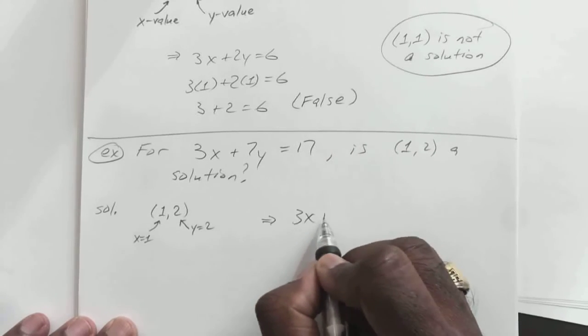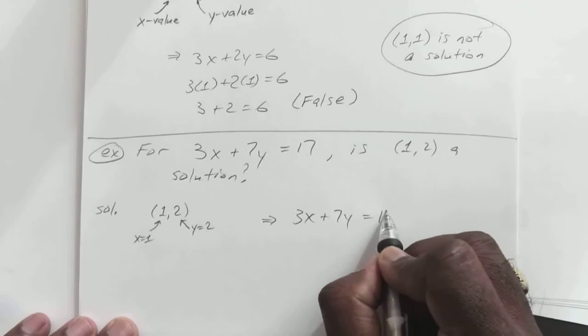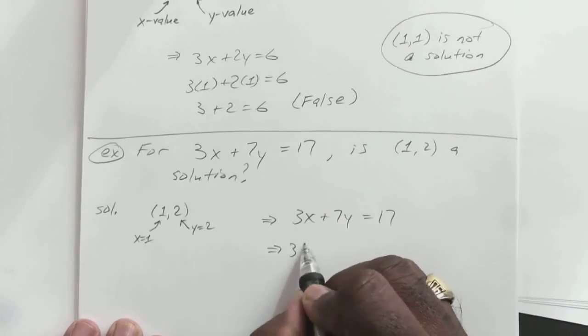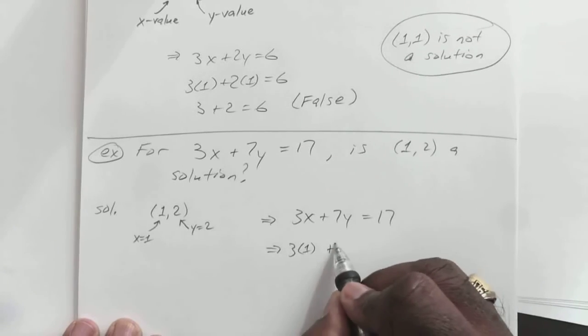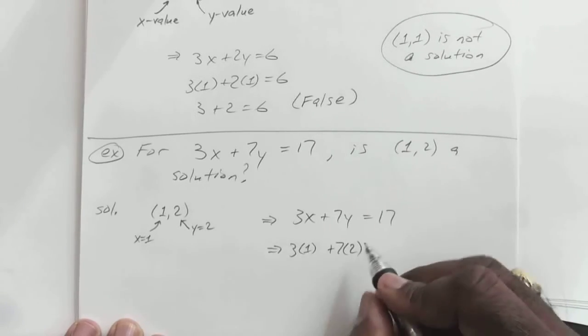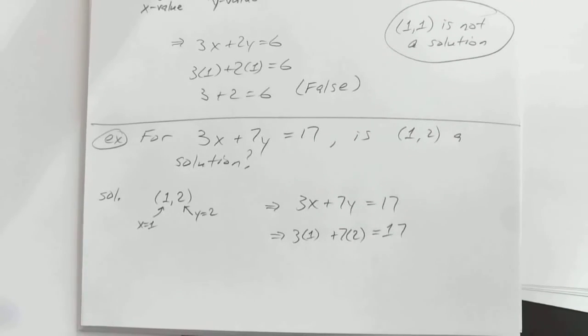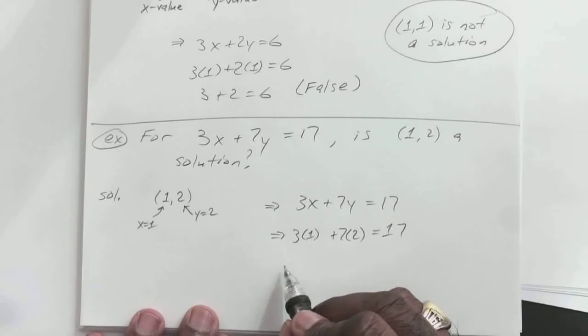our 3x plus 7y equals 17, that just becomes 3 times 1 plus 7 times 2 equals 17. Okay, so 3 times 1 is just 3.